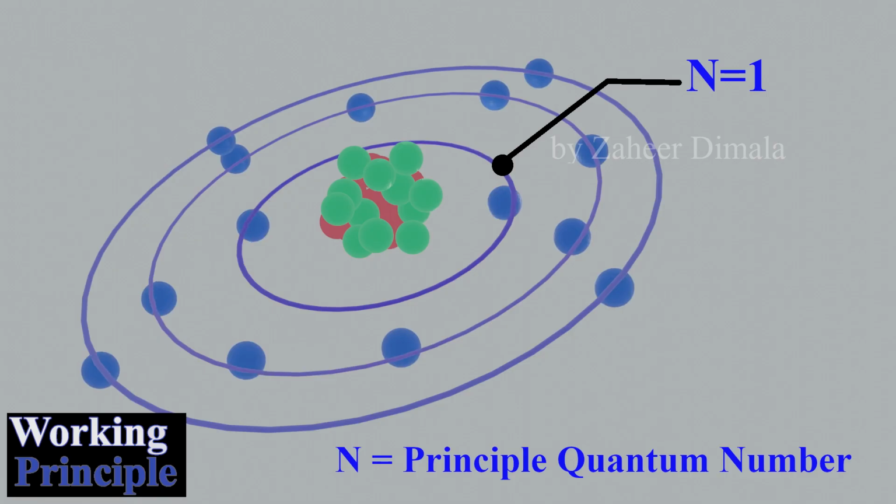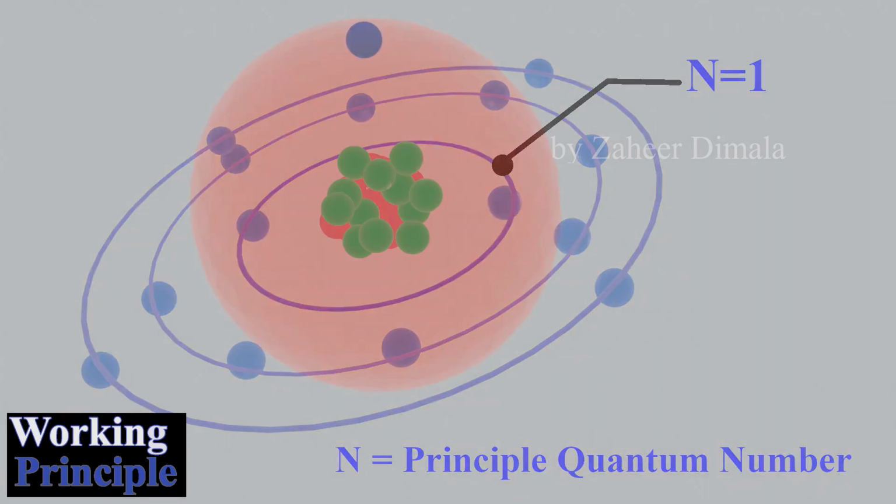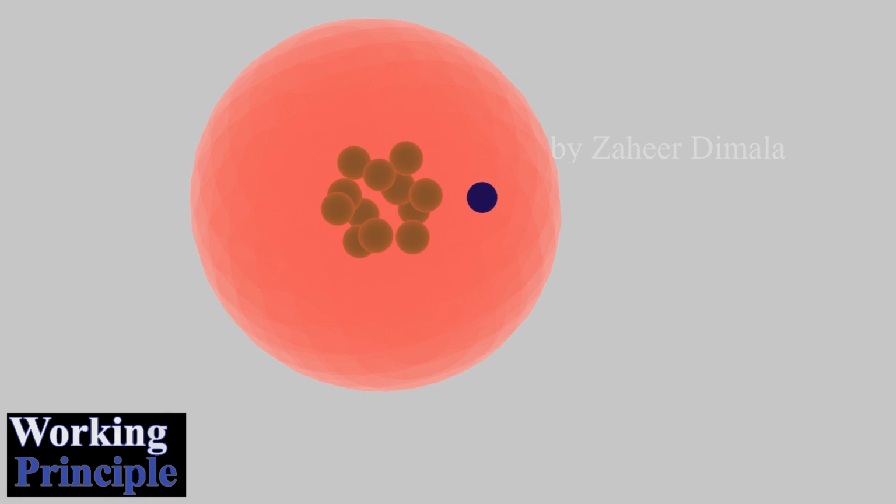If we look at the first s orbital of the silicon atom at n equals 1, there is an electron that we could probably find in this region. It is important to note that the electron will not be moving in such a predictable way, but what is of interest now is that the electron is moving in a particular direction.